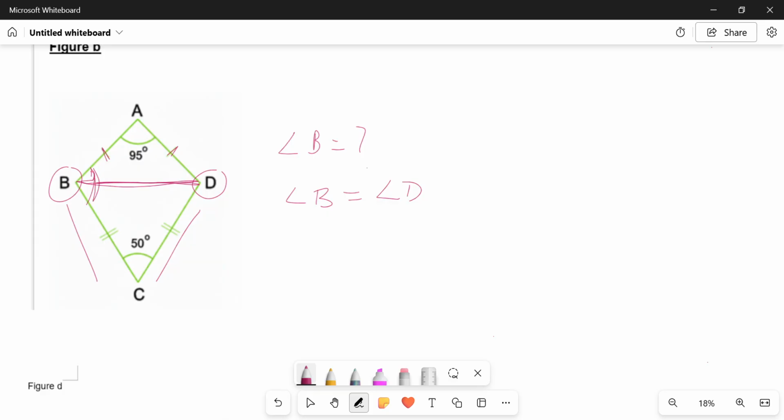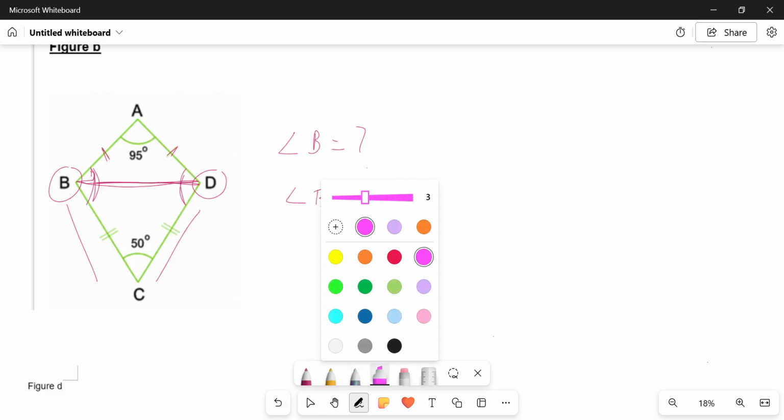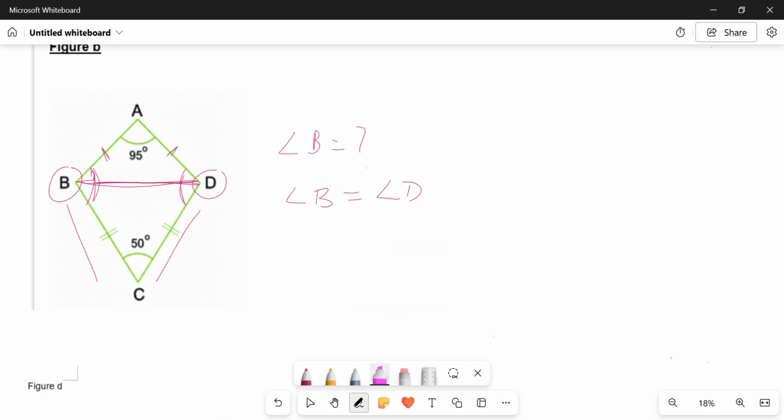D has also two parts here. So the first shape of a kite here is, sorry, first shape of a kite, one minute, I'm talking about this one, right? This one. So how are you going to find out?